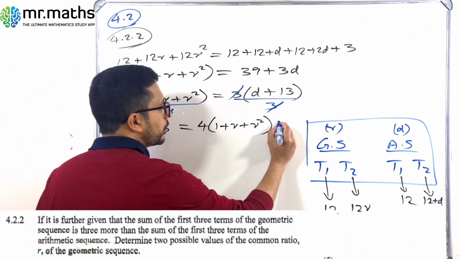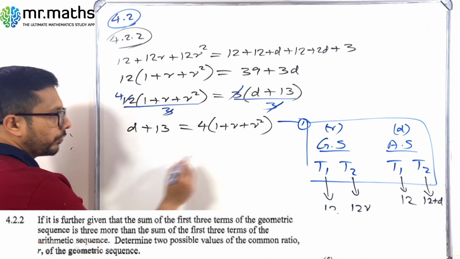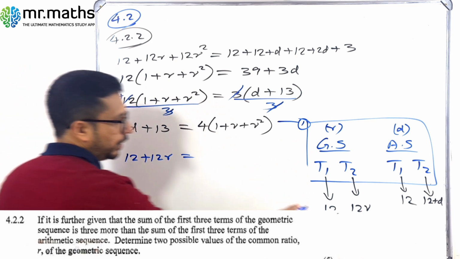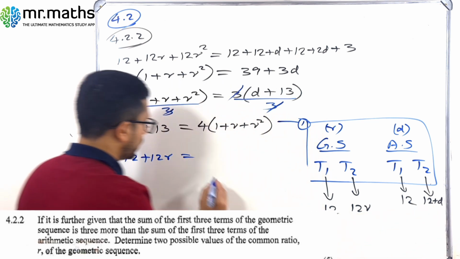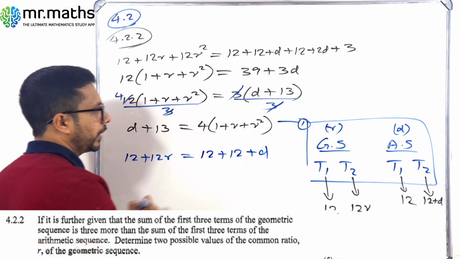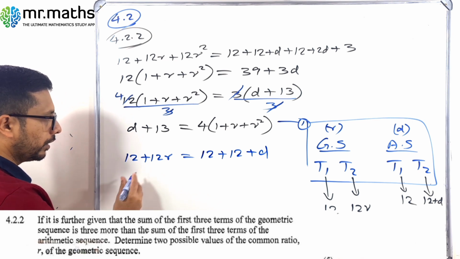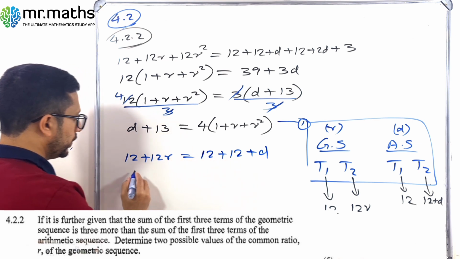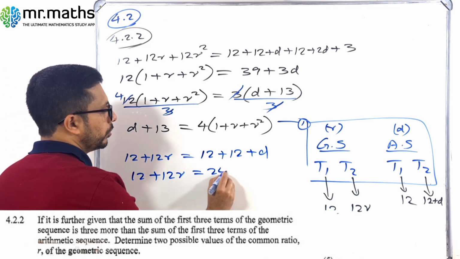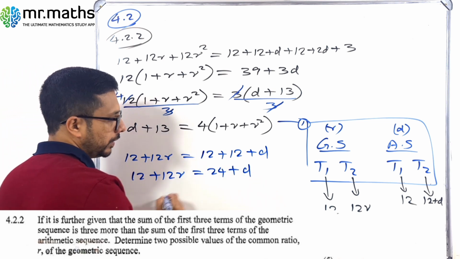Let me call this equation number 1. So from here, 12 plus 12r is equal to 12 plus 12 plus d. Okay, so here 12 plus 12 is 24. So 12 plus 12r is equal to 24 plus d.